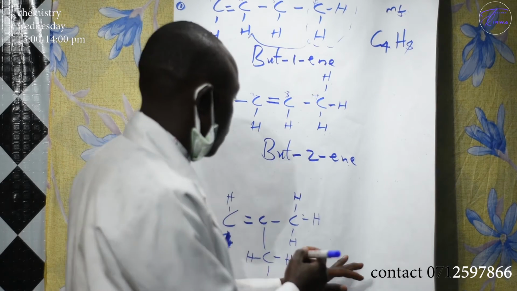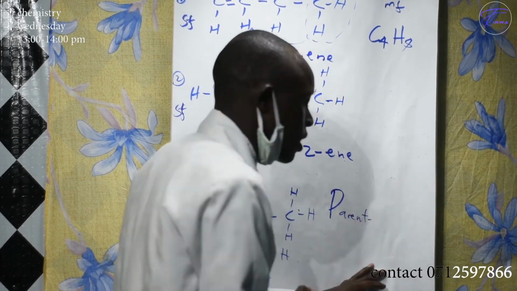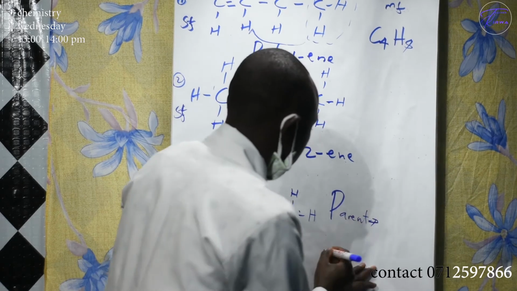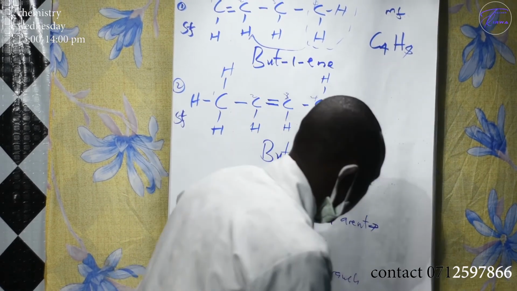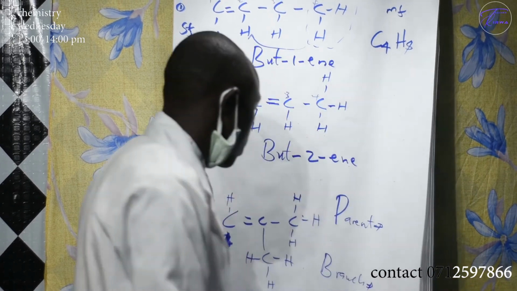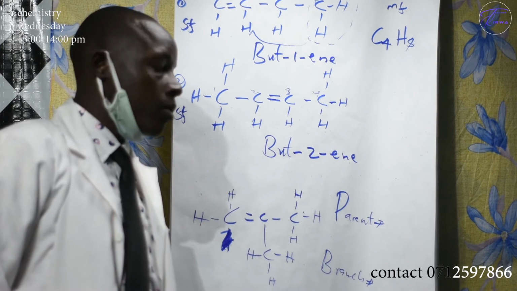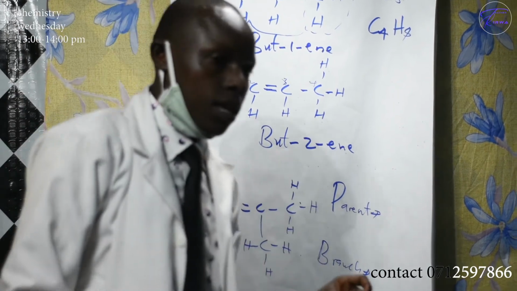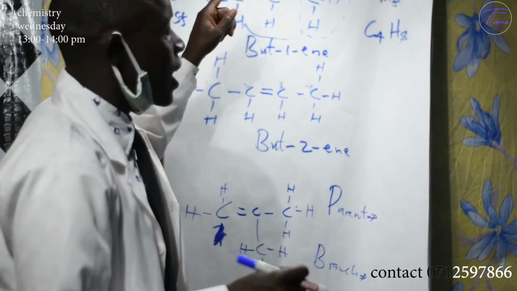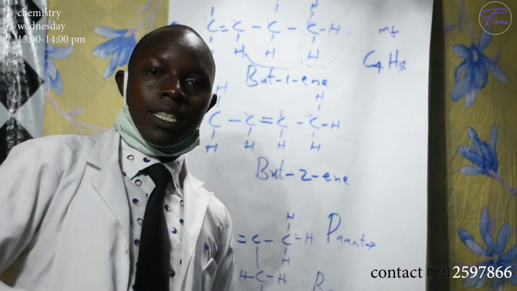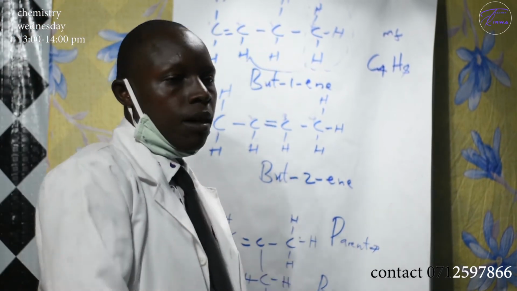So the parent, you remember we had the parent and the branch. Okay? Then the branch. And we have the full name here. So we are saying the parent name, you remember we said the parent name is the longest continuous carbon chain. Now in alkenes, the parent name is the longest continuous chain containing the double bond.